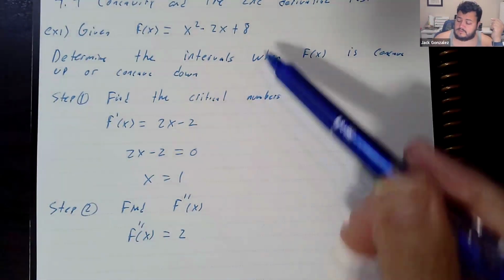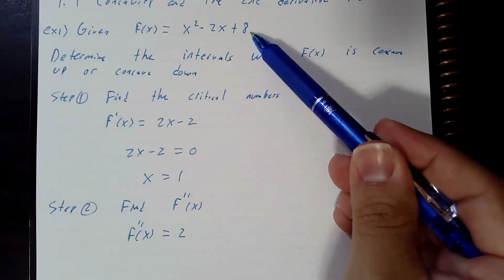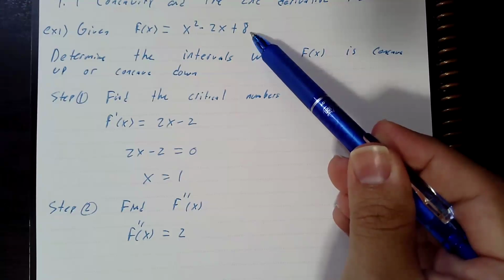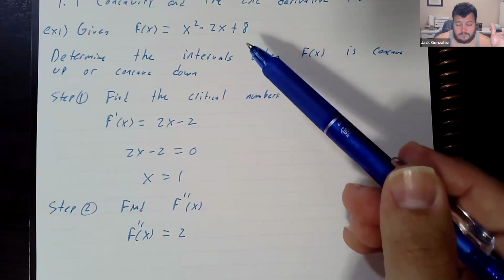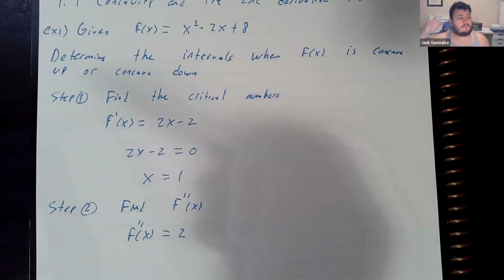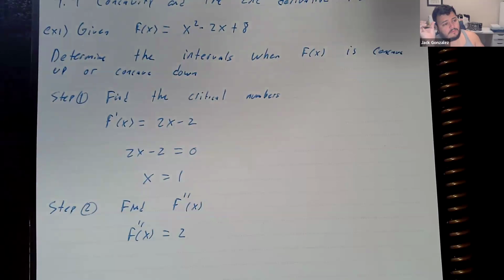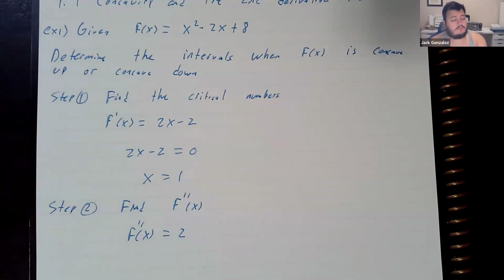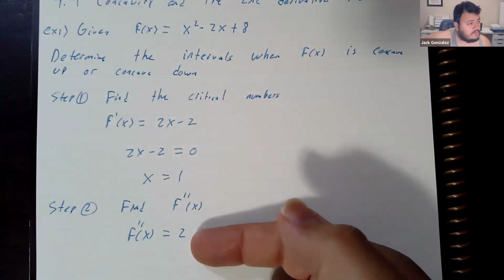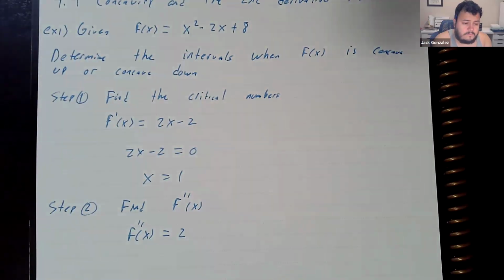What kind of graph is this? Quadratic. So it looks like a U, right? Parabola. So do you agree that no matter what you do, it's always opening upward? It is always concave up, right? So it makes sense for this to be equal to 2, doesn't it?